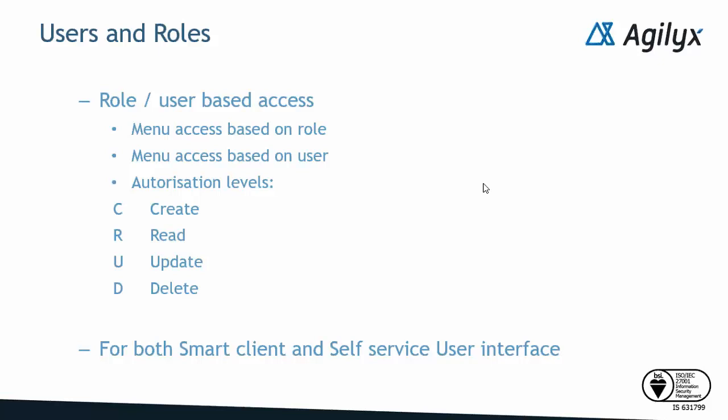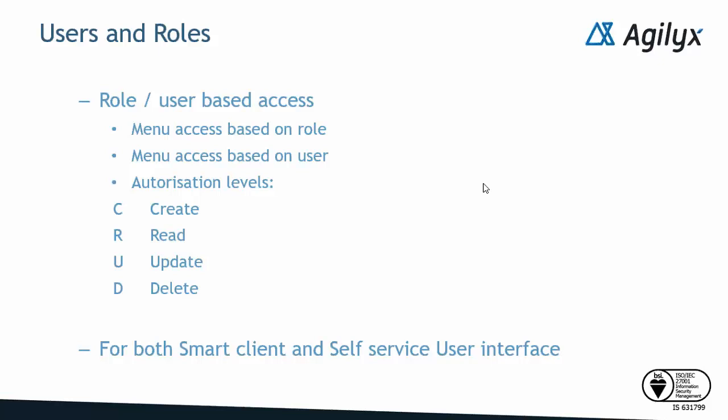If we have role user-based access, for a role we have these access levels, authorization levels. Wherever in the menu they have this option, you could either create, read, update, and delete. So you can have multiple authorization levels based on that.